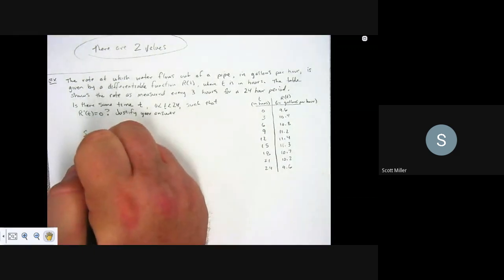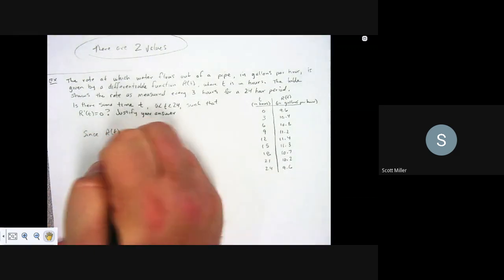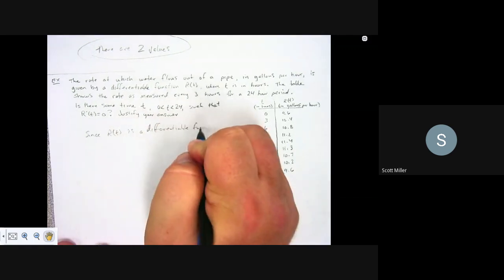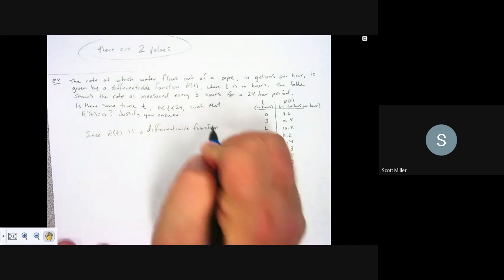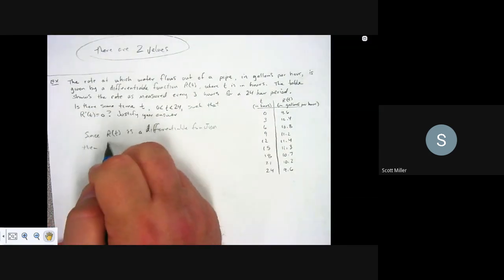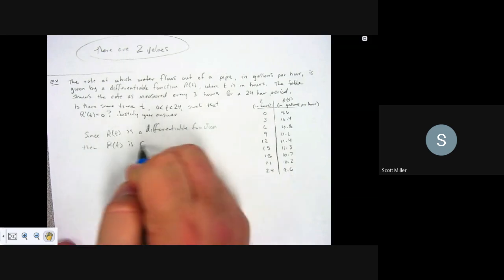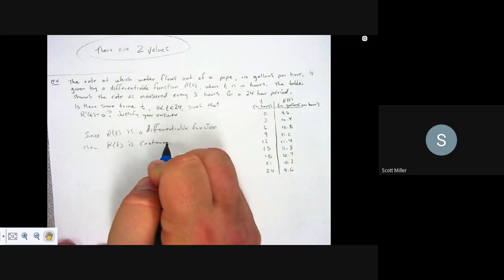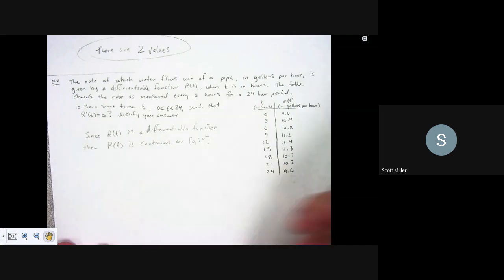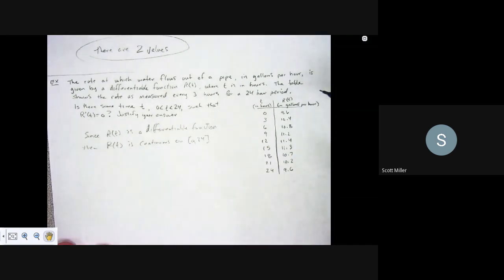Well, since R of t is a differentiable function, then R of t is continuous on this interval. So why can I say that?